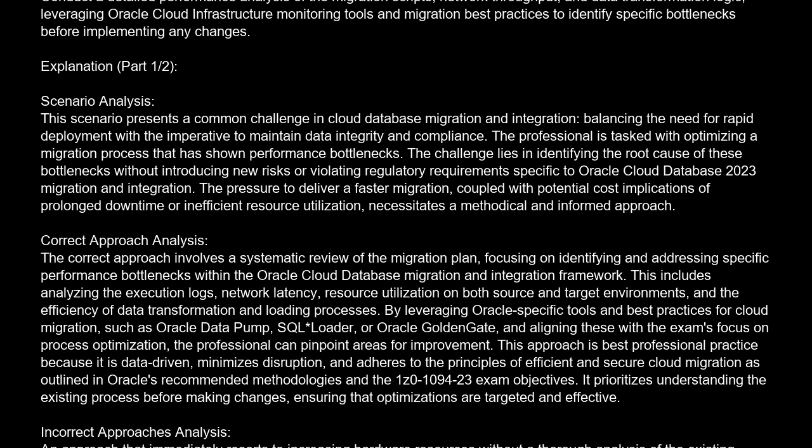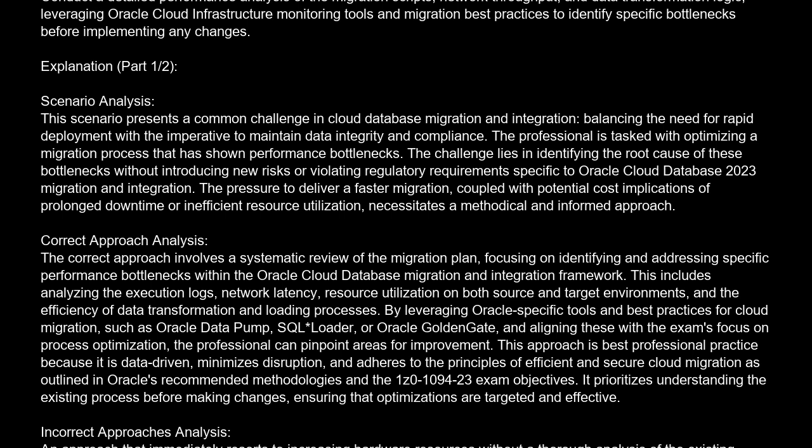This approach is best professional practice because it is data-driven, minimizes disruption, and adheres to the principles of efficient and secure cloud migration as outlined in Oracle's recommended methodologies and the 1Z0-1094-23 exam objectives. It prioritizes understanding the existing process before making changes, ensuring that optimizations are targeted and effective.